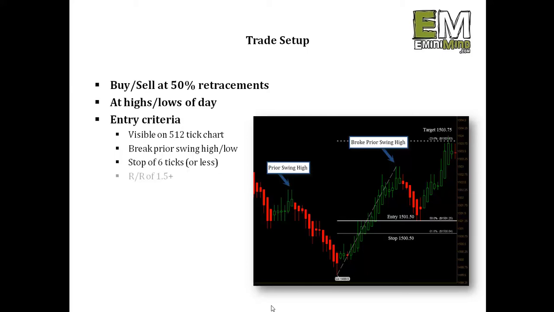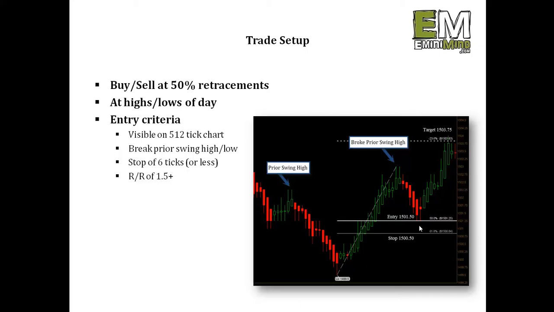And then you want your risk to reward to be ideally 1.5 or better. So if you are risking, you know, 4 ticks on the trade, that is the distance between your entry and stop. For example, we'll use 6.